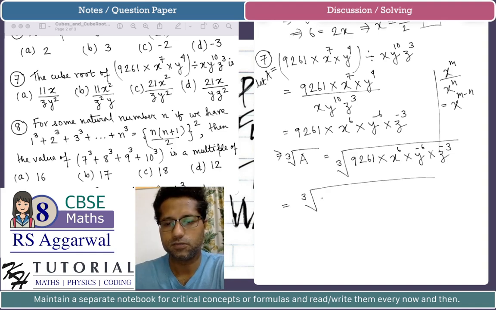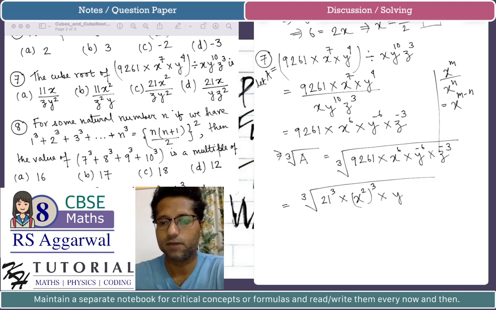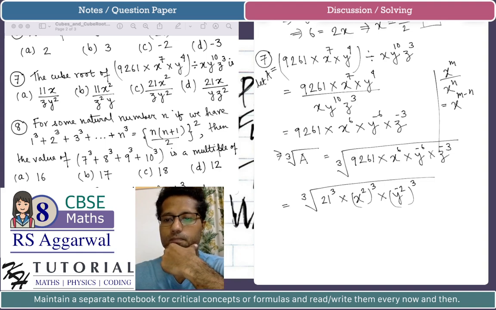I can write 21 cube, and x to the power 6, I can write as x square whole cube. y to the power minus 6, we can write as y to the power minus 2 whole cube, and z to the power minus 3 we can write as z to the power minus 1 whole cube.